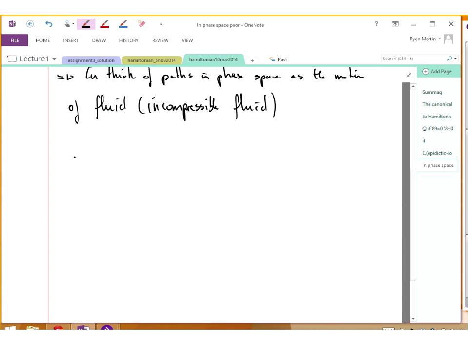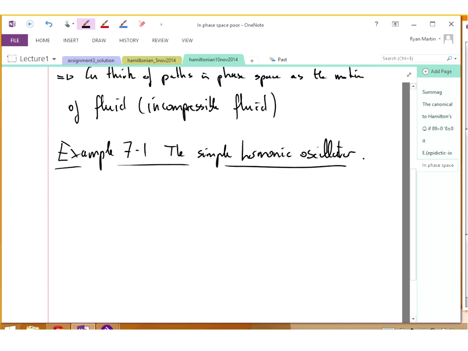So let's do example 7.1 from the notes. We'll do the simple harmonic oscillator. The Lagrangian for the simple harmonic oscillator, L, is given by T minus V, so a half m x dot squared minus a half k x squared.